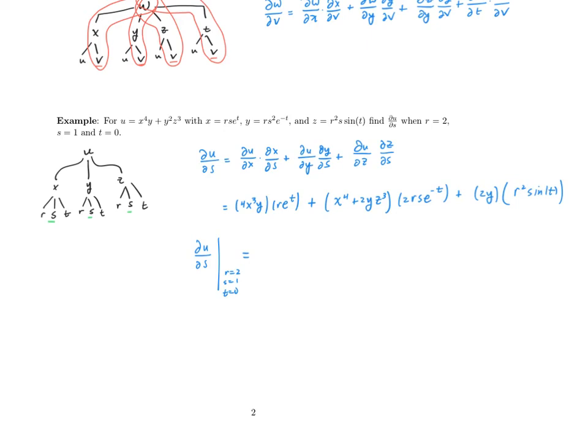We could instead substitute those values in above to figure out what values x, y, and z will take when r is 2, s is 1, t is 0. And I think that just cuts down a bit on the writing. So note, when r is equal to 2, s is equal to 1, and t is equal to 0, one can quickly compute x is going to be 2, y is also going to be 2, and because sine of 0 is 0, z would be 0.